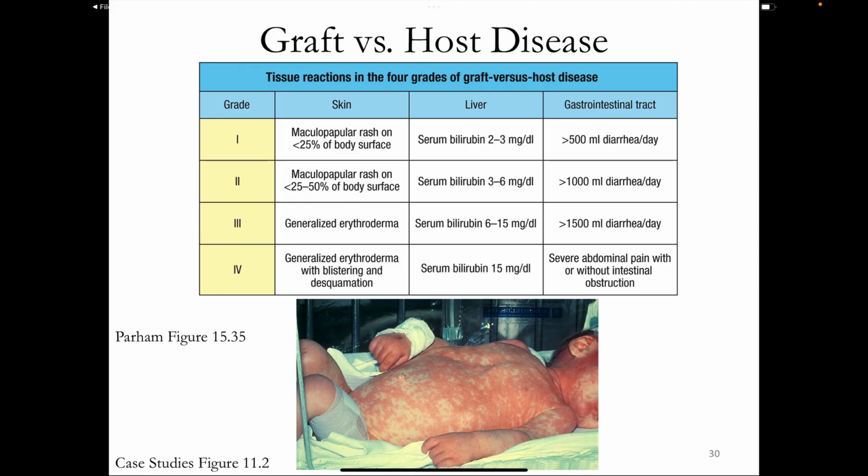Notice that this one is 1,500 milliliters. That's 1.5 liters of diarrhea a day. This is really, really, really severe, and you can see a picture of a kid with graft versus host disease here. And so graft versus host disease is a really severe complication of bone marrow transplantation.